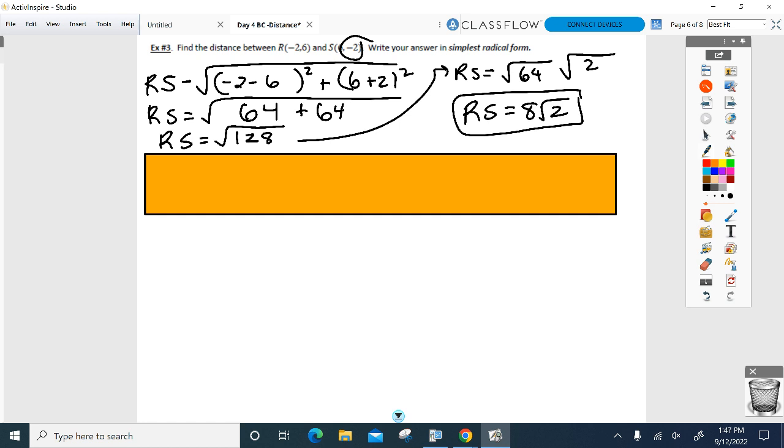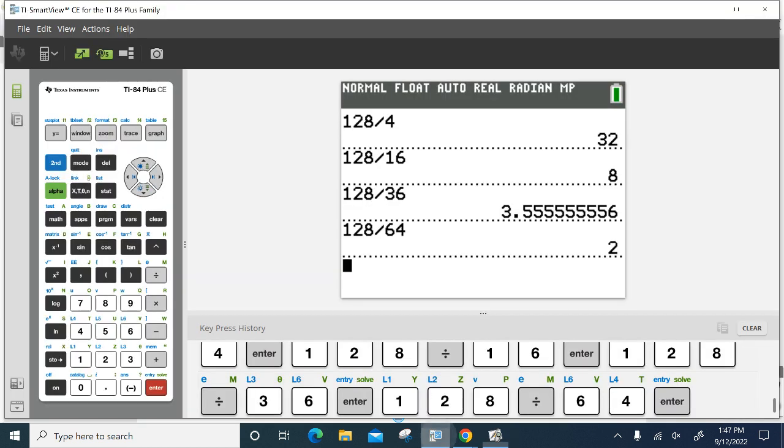How do you know you picked the biggest perfect square? The second one, there is no perfect square that goes into the second radical. Right? Anybody, is there a perfect square that goes into 2? No. But go back to my calculator. Remember when I did divided by 4? What did I get for an answer? Is there a perfect square that goes into 32?